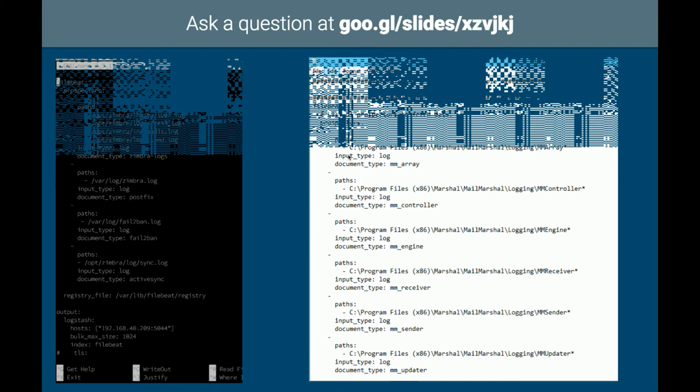For example, on the right-hand side, on the Windows one, because I think that's a little bit easier to read, we know one of these that we're going to look at is controller star. So any file in that path that matches, we're going to input that file type as a log file, and it's going to be tagged as a document type controller. That allows us to then work with that kind of in our next step.